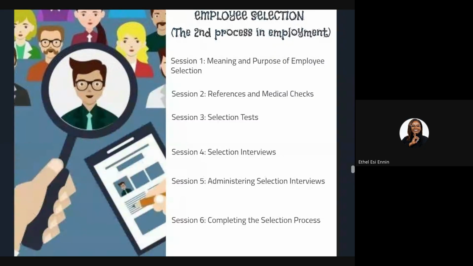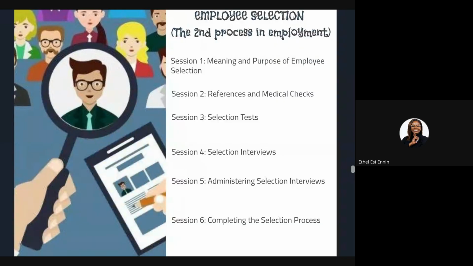Well, maybe out there in other countries, but in Ghana, hardly do people use those tests in the selection process.